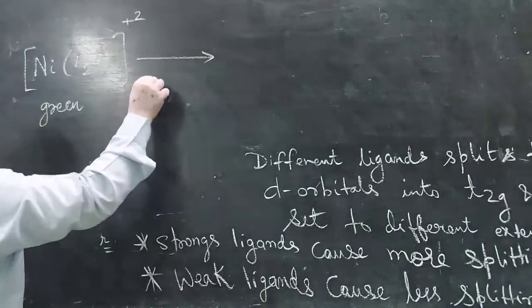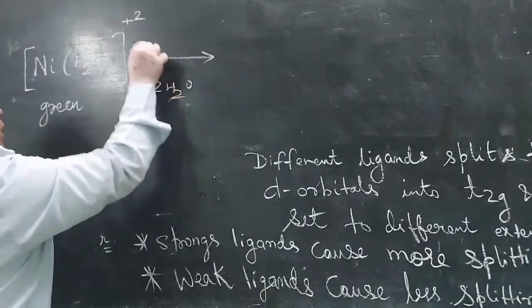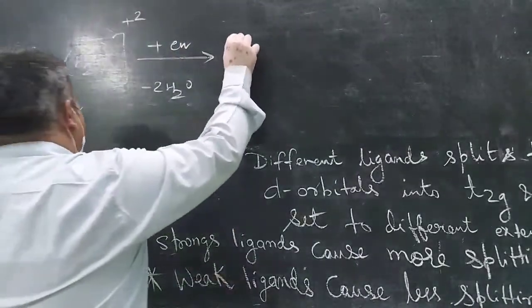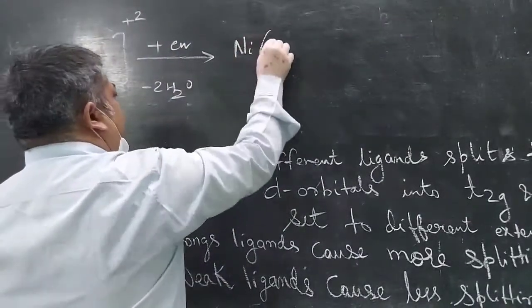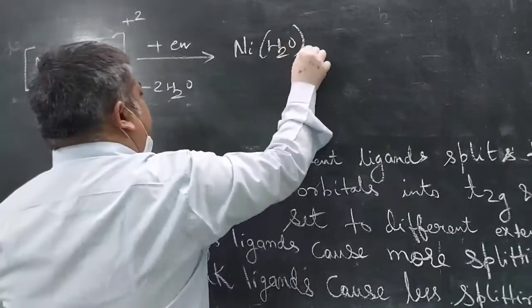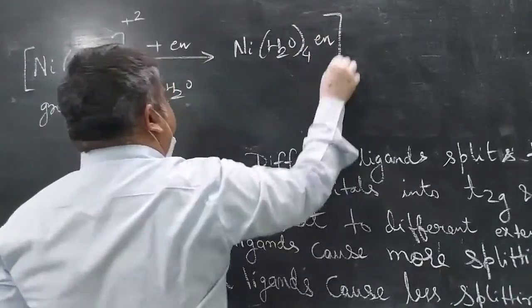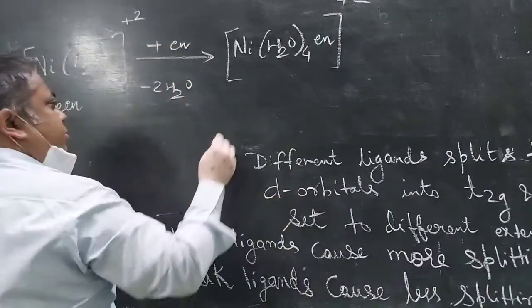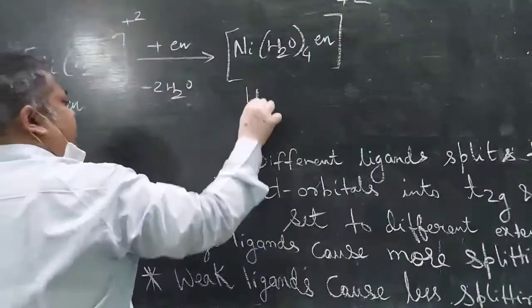Now minus 2 H2O and plus 1 en will form Ni(H2O)4(en) plus 2, which will be blue in color.